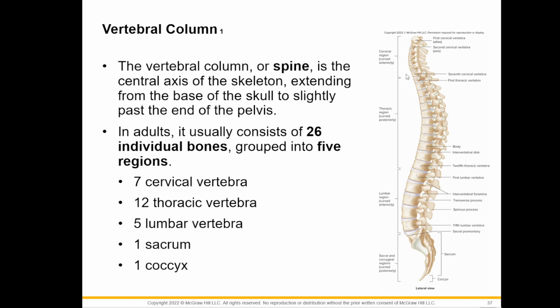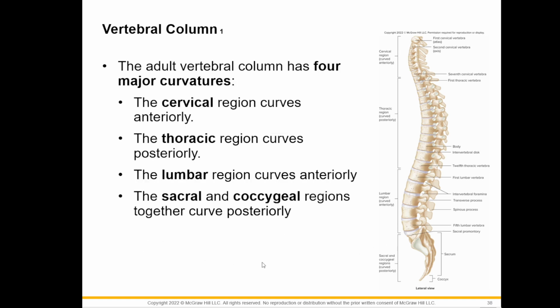So ito yan. We have 12 thoracic vertebrae, 5 lumbar vertebrae, 1 sacrum, and 1 coccyx. So these are the 5 regions of our vertebral column. And here are the number of bones in each region.